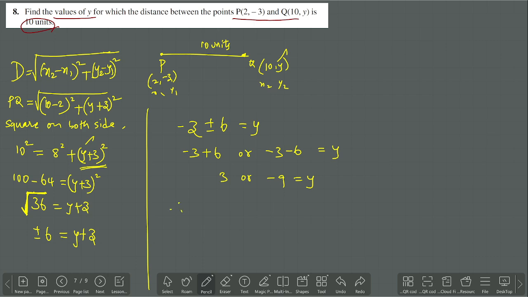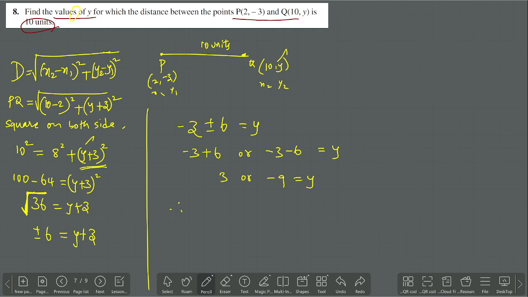So therefore, they asked to find y. That's what they have given in plural. Have you noticed it? Y values, they have given very clearly. Then it's coming 2. They didn't ask to find your point Q. They asked to find y values. So don't write a point.